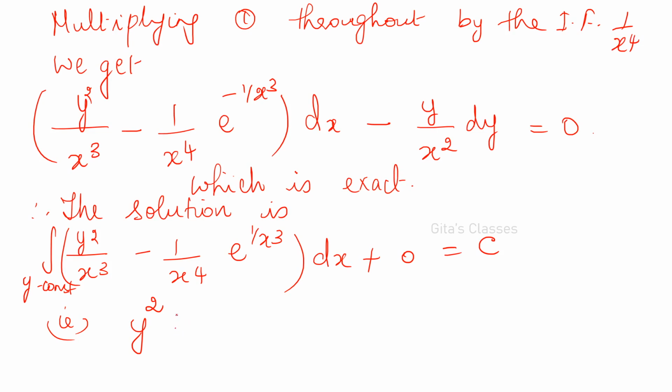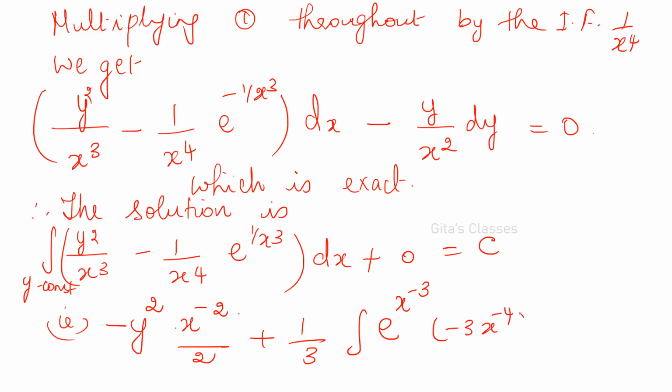So minus 3 plus 2 is minus 1, so minus y squared into x power minus 2 divided by 2 plus 1 by 3 into integral of e power minus x cube, x power minus 3, right? x power minus 3 into minus 3 x power minus 4 into dx.